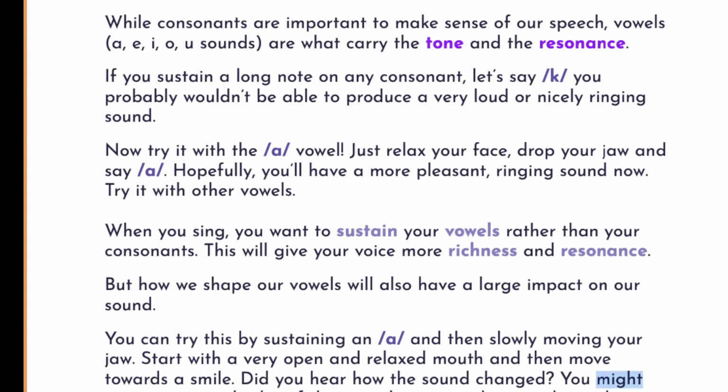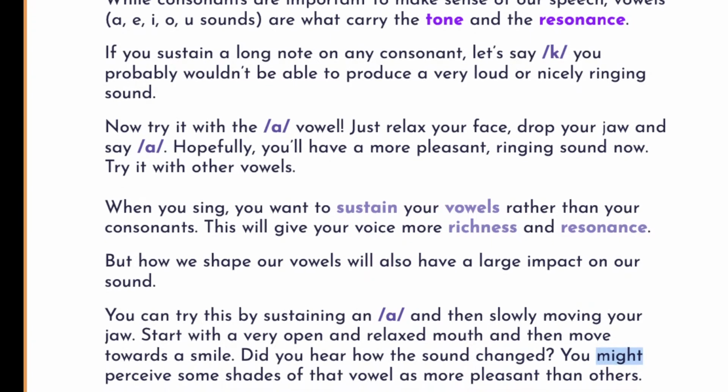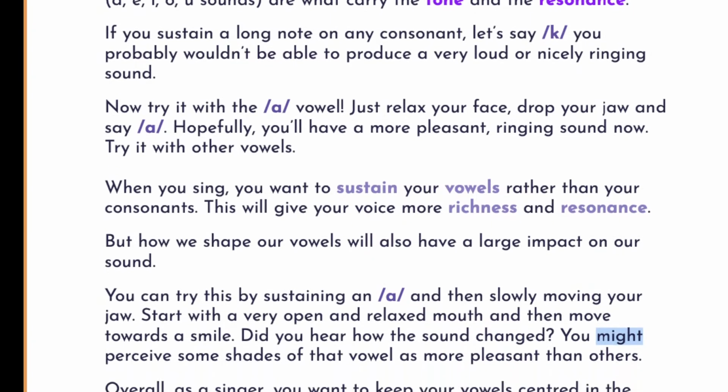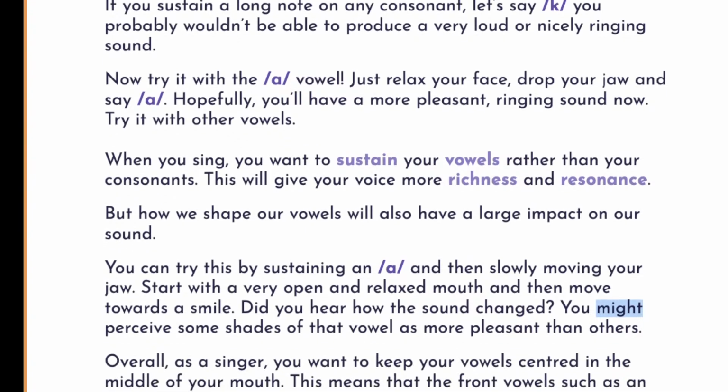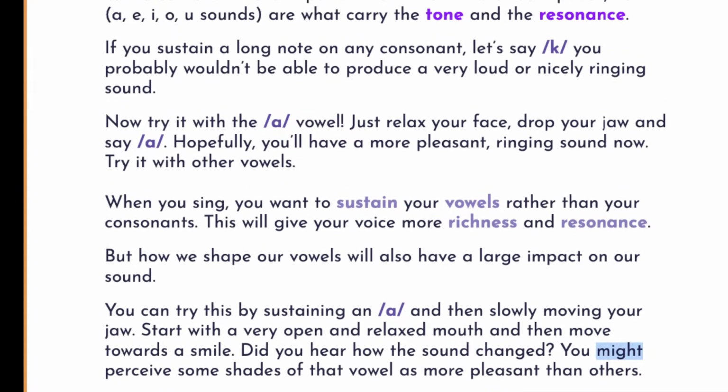If you sustain a long note on a consonant, like a K sound, you probably won't be able to produce a very loud or nicely ringing sound. But if you try it with an A vowel, relax your face, drop your jaw, and say ah, you'll have a more pleasant ringing sound.